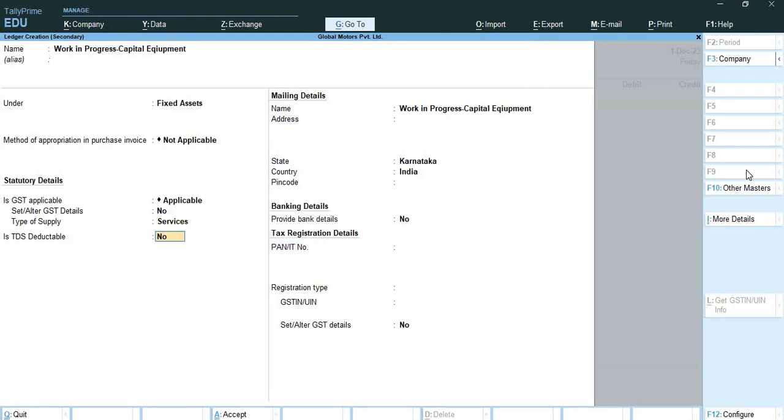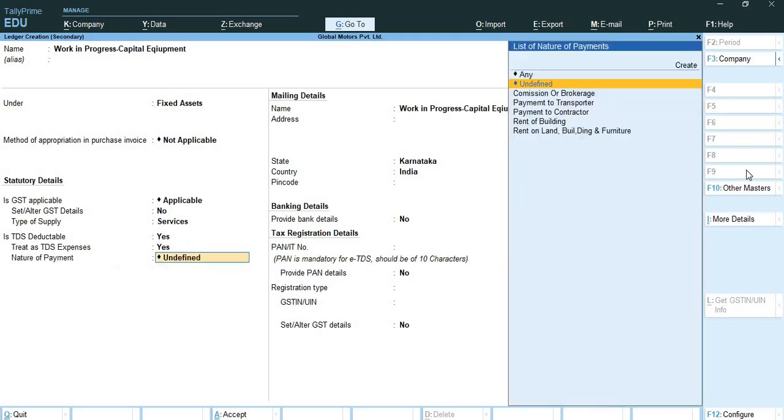Here I'll enable TDS, yes. Treat as TDS expense, yes. Nature of payment here will be payment to contractor.